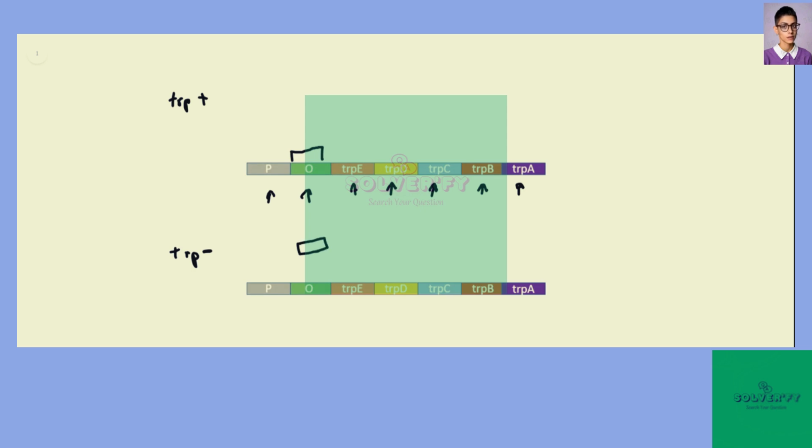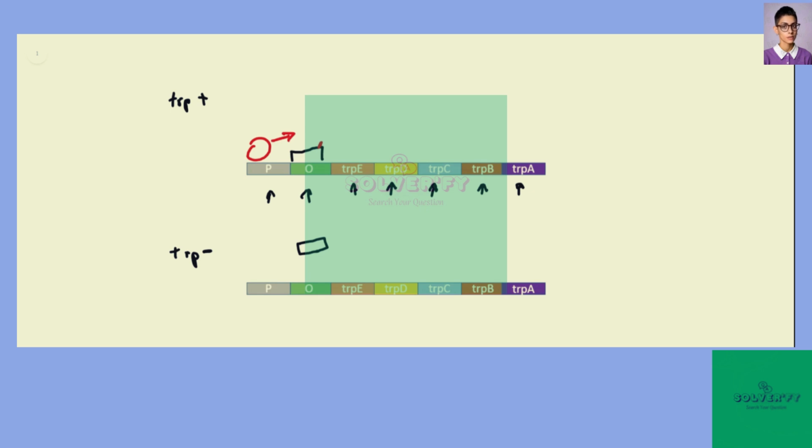Okay. Now, if this repressor is responding to the presence of tryptophan, that means that when tryptophan is present, it binds to this repressor, and the binding of tryptophan to the repressor makes it more likely to bind to the DNA, preventing the RNA polymerase from transcribing the DNA.